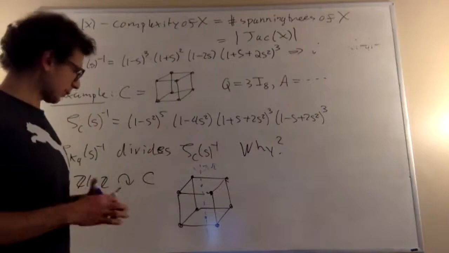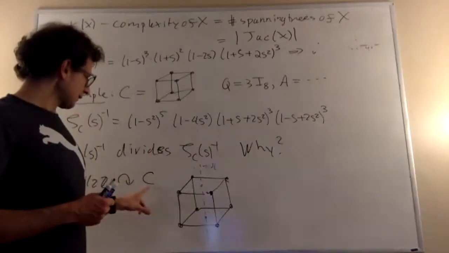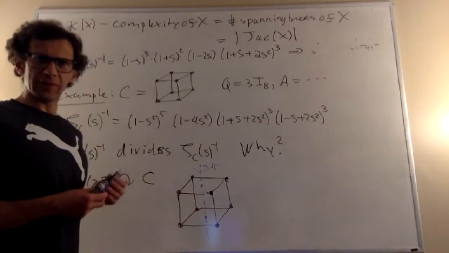So I'm going to take my cube and rotate it. And so what happens if I take the quotient of the cube by this rotation? What graph do I get?